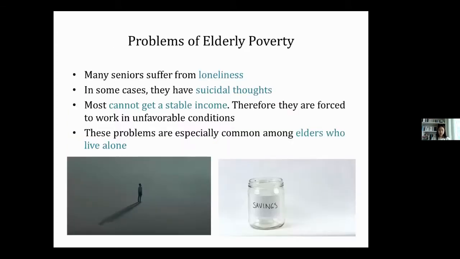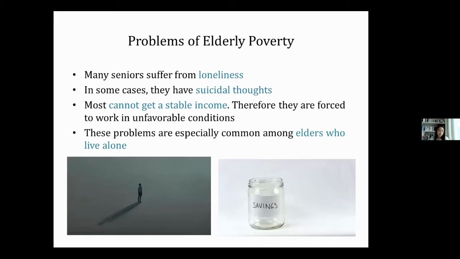Elderly poverty causes a large number of serious issues for the elderly. Many seniors do not retire and keep on working not because they want to expand their career, but because they are forced to work since they cannot support themselves if they don't. In other cases, one retires from their job, but they cannot get back to their previous field of work, even if they have financial troubles.